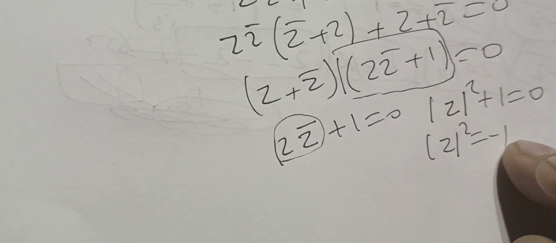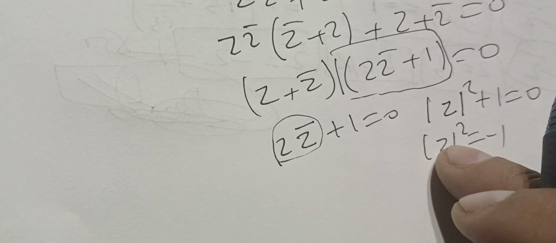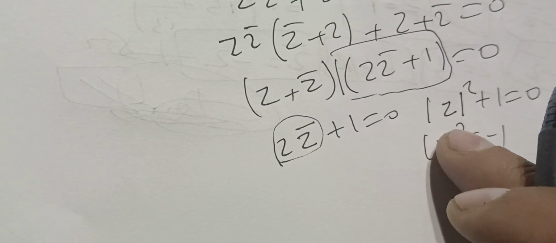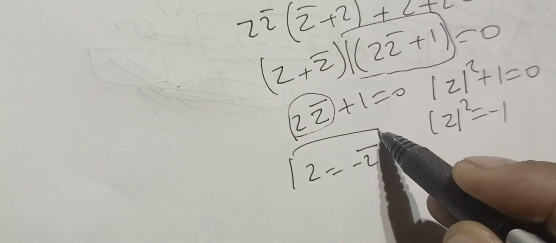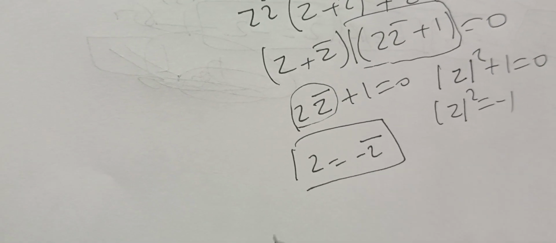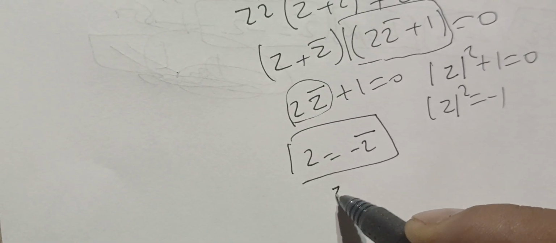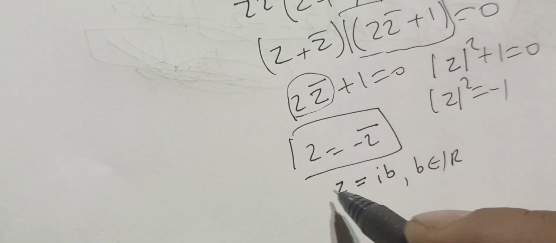This can't happen because the modulus of z is in R, and the square of a number in R can't be equal to minus 1. So we reject this one and we get z equals minus z bar. That means, according to what we know, that z is a pure imaginary number. That means z is equal to ib with b in R.